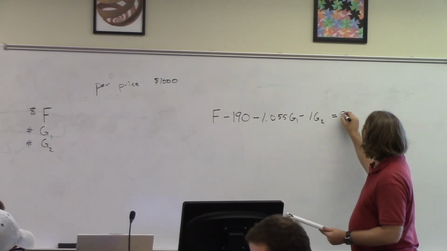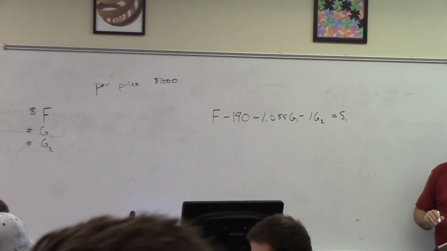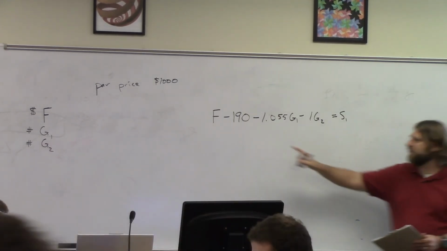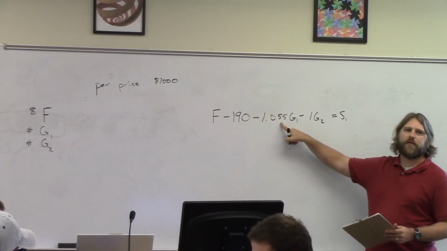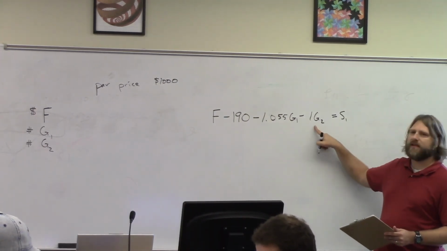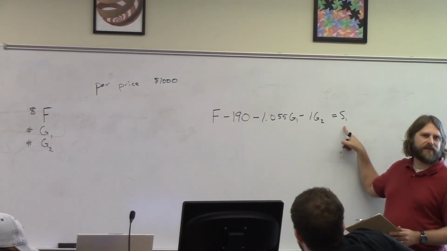And this is how much you have left in your savings at year one. Right? So everyone follow? This is our starting amount, our first payment, purchasing of our government bond issue 1, purchasing of our government bond issue 2, and this is how much we have in savings at the end of year 1.